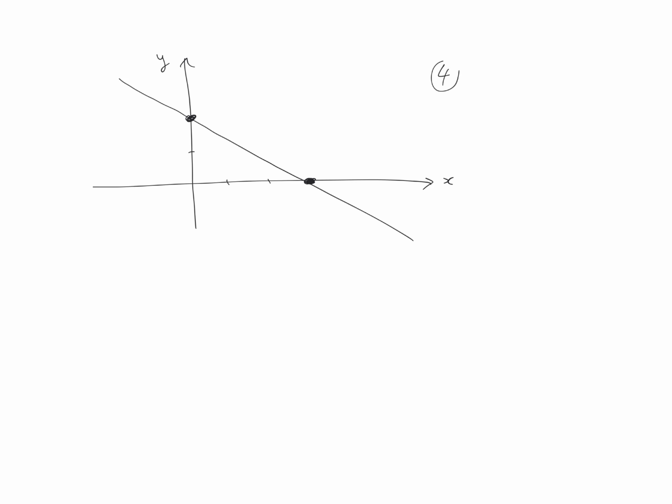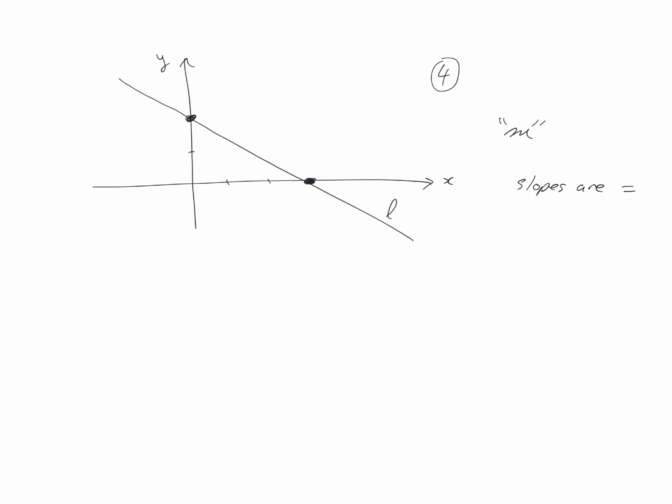Question number 4 shows a line, and it says that line L is shown in the xy plane above. Line M, not shown, is parallel to line L. Well, if M is parallel to L, that means the slopes are the same. Slopes are equal.